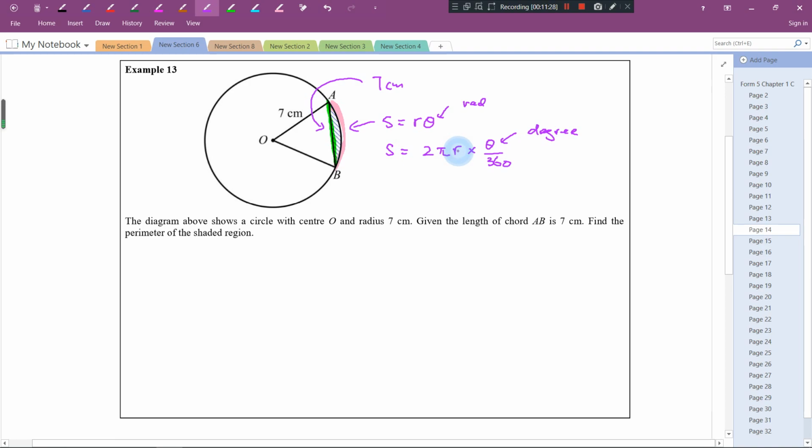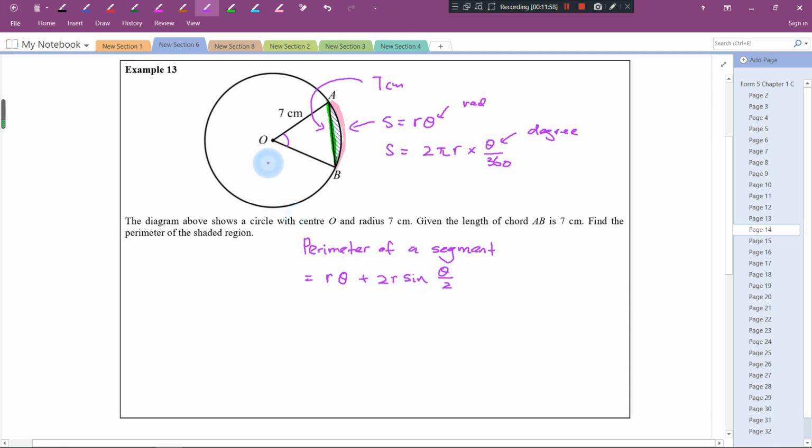So we have the r, which is 7 centimeters. The problem is we don't have the theta. So the first thing is to find the theta. What is the size of this angle? How do we get it from the chord length? Still remember just now the formula for perimeter of a segment: r theta plus 2r sine theta over 2.